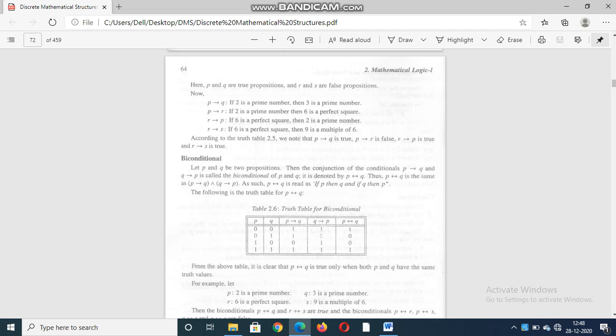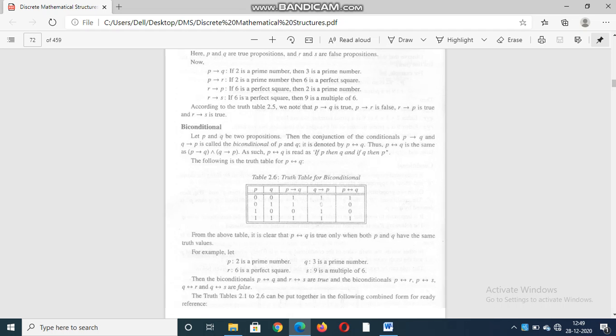Here, second row, 1, 0: one input is 0, that's why definitely our output is 0. So 0 implies 1: definitely our output is 0, because one is 0 and the other element is 1. So 1 implies 1 is 1. So P biconditional Q is equivalent to P implies Q conjunction Q implies P.